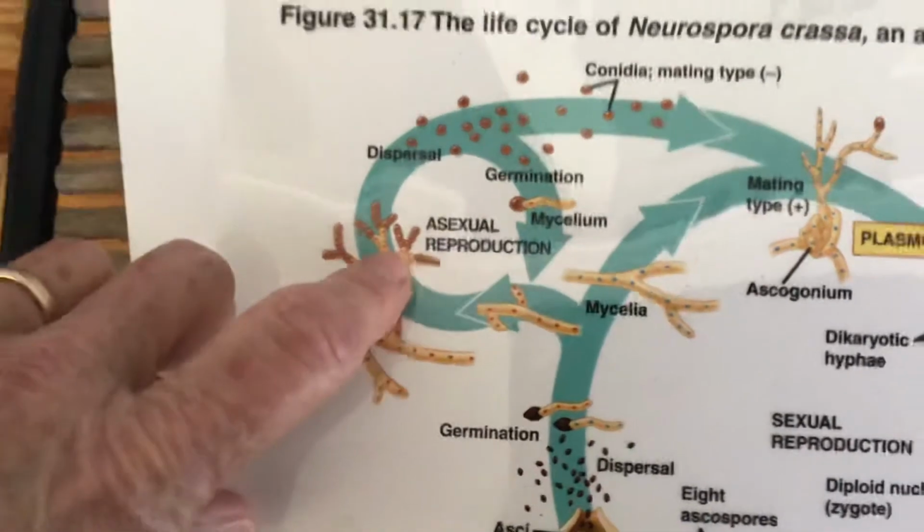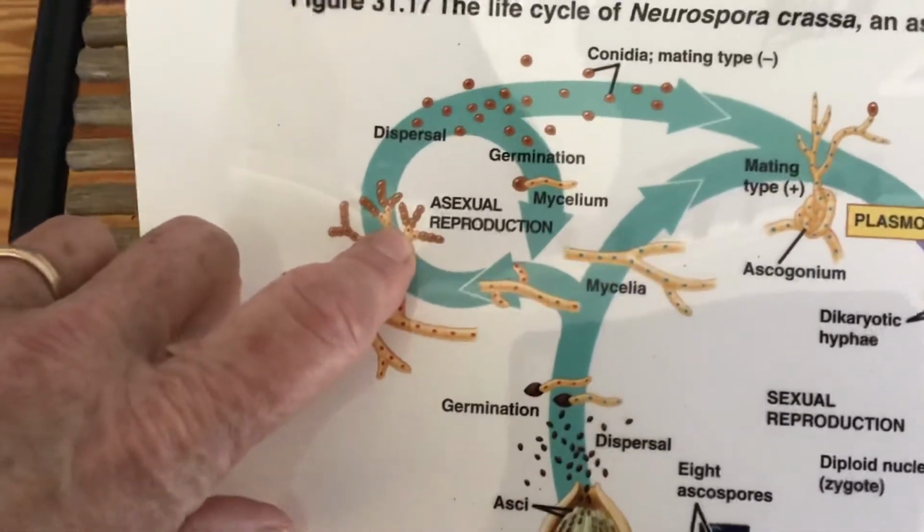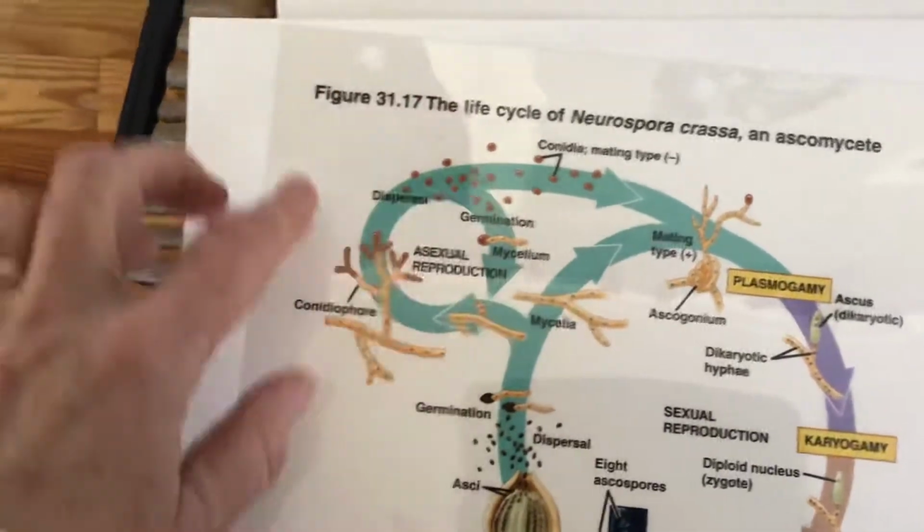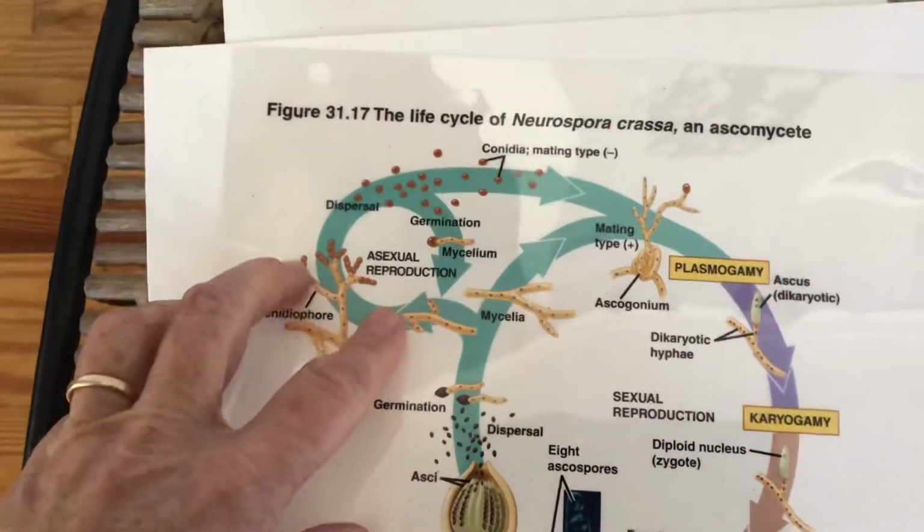You'll be able to see those under the microscope in the lab. Those will come off and disperse, and they will just continue this asexual part of the life cycle.